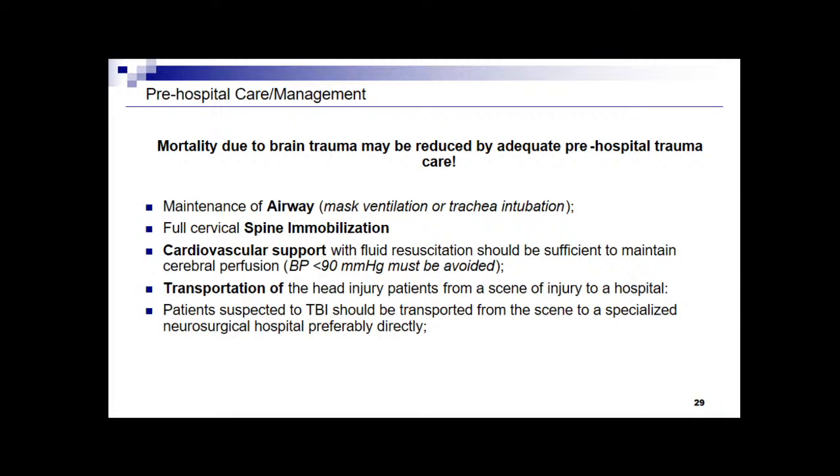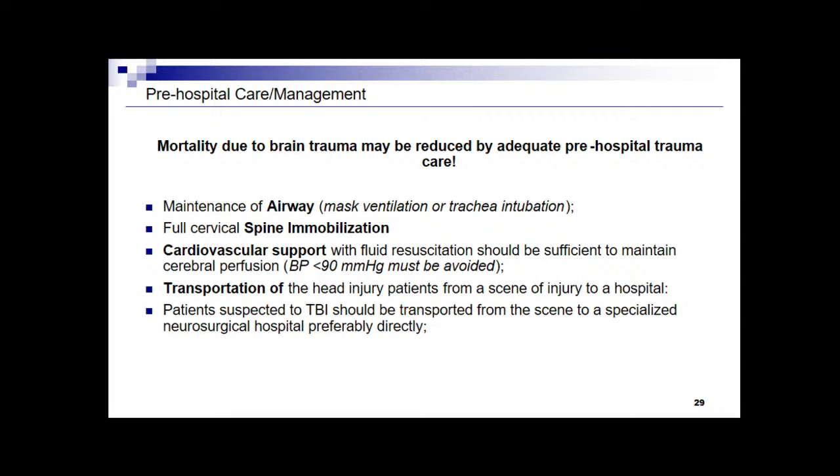Cardiovascular support with fluid resuscitation should be sufficient to maintain cerebral perfusion. You should maintain the patient's blood pressure above 90 millimeters of mercury to maintain brain circulation and avoid brain hypoxia. In that position, you should deliver the victim to the nearest clinical hospital.